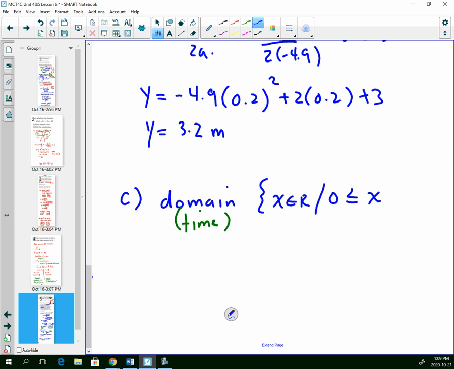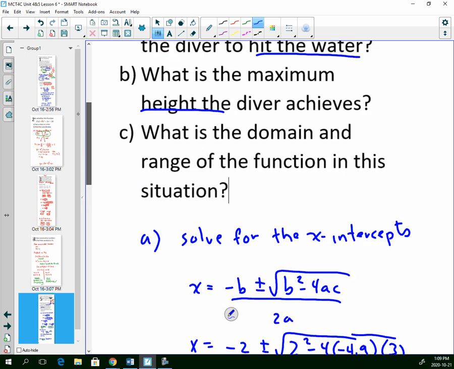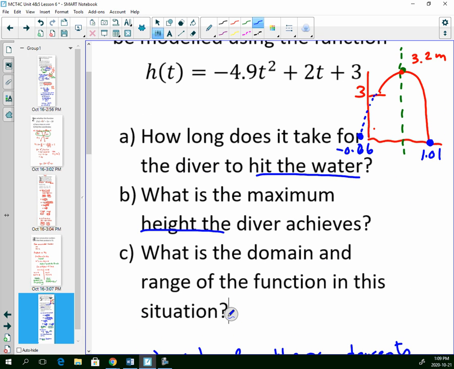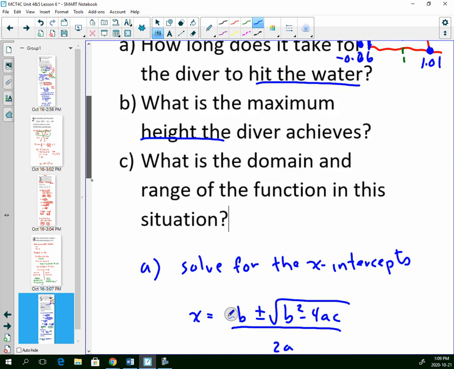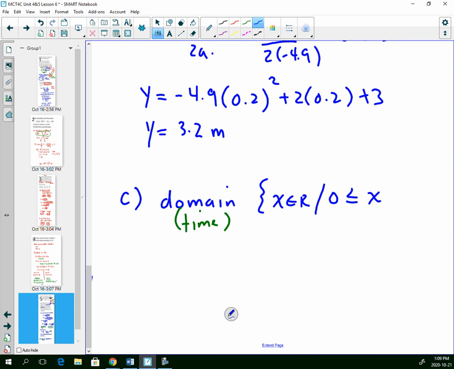So it has to be bigger than 0. Can't be negative. And then it's going to end where he hits the ground. So it's going to be from 0 to 1.01 seconds, right? And then he's hit the water. So all those numbers in between. So time starts at 0, and then he hits the water at 1.01 seconds.